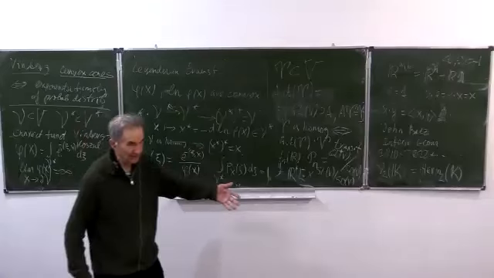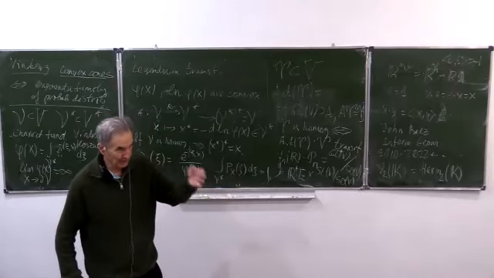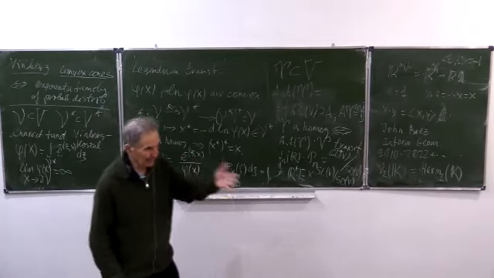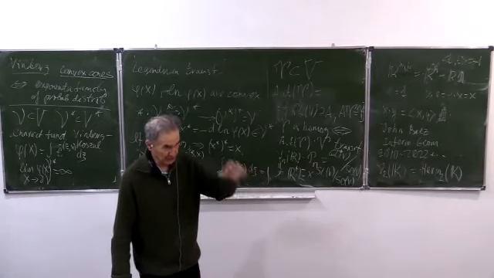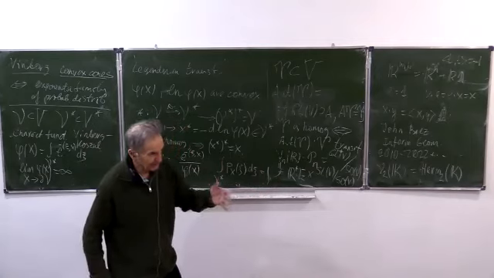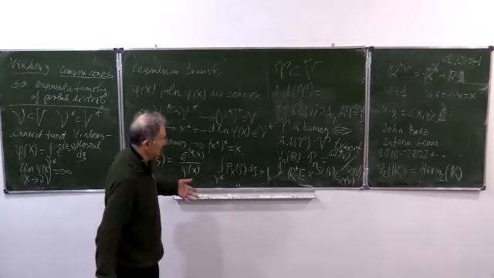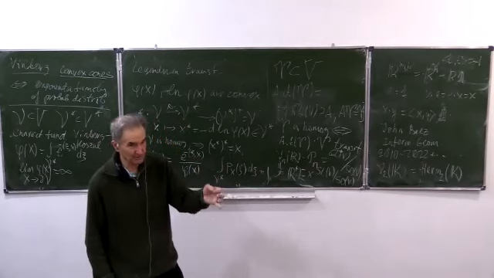What is density? It is a function with integral 1. Then if you want to calculate the probability that some object belongs to some domain, you integrate this density over this domain, and then you get the probability.